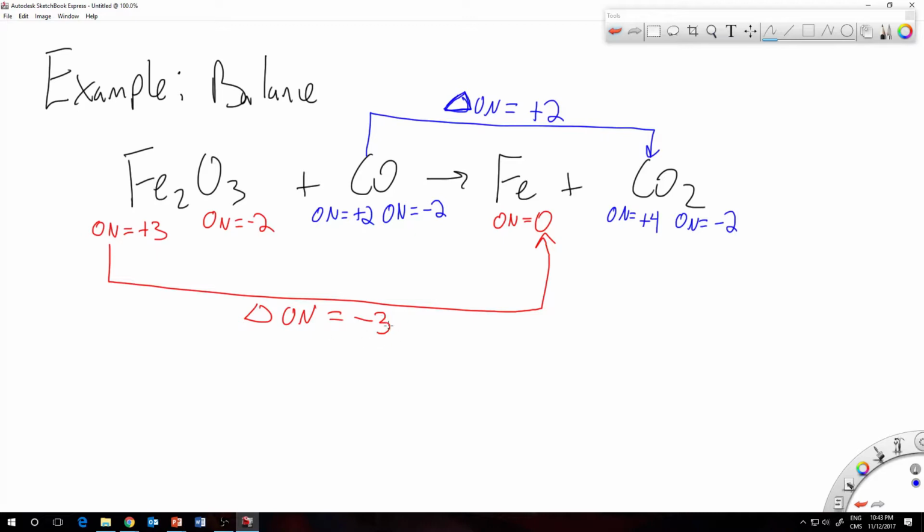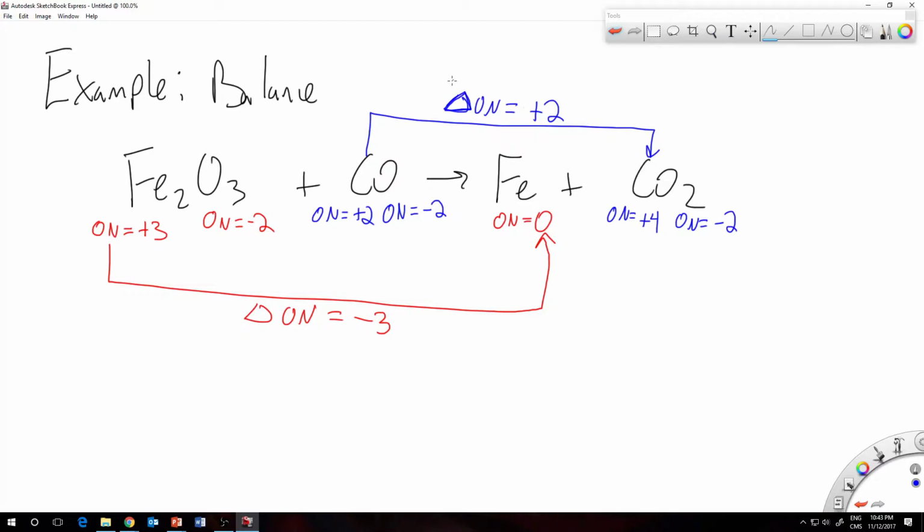However, the iron needs to gain 3 electrons to perform this reduction reaction. So we can't just do this carbon reaction once. 2 carbons would give up 4 electrons as opposed to just giving up 2 electrons here.